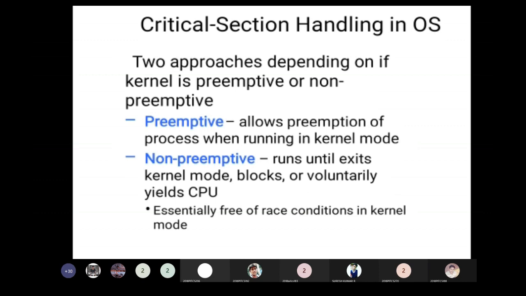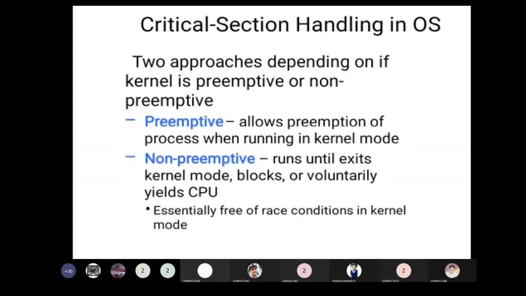To achieve this, critical section handling can be done by the operating system using two approaches, preemptive and non-preemptive. So what is preemptive? It allows preemption of a process when running in kernel mode. Before that, there are two modes of any process execution: one is kernel mode, the other is user mode. The user mode process can be controlled by the operating system.